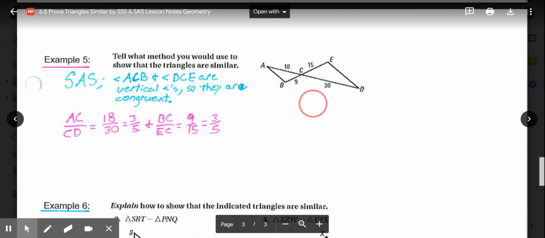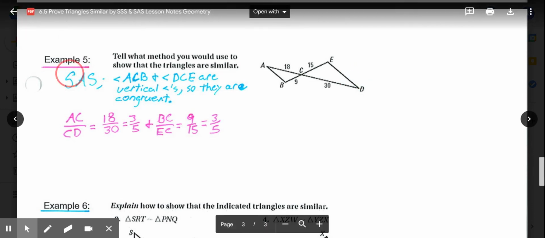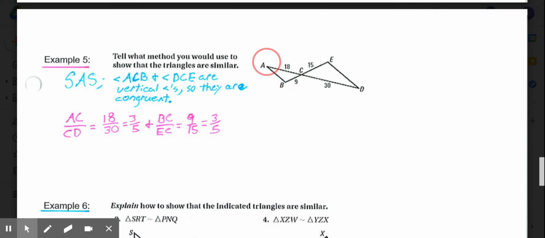I don't have any other angle markings, so I know I can't use angle angle, and I don't have my 3rd side lengths, so I know I can't use side, side, side. So my only option is to check for side angle side. In this case, side AC, the longer side, should be over side CD, the longer side on this one.